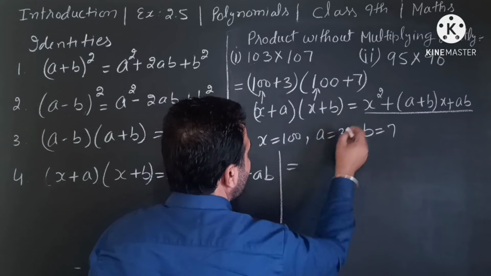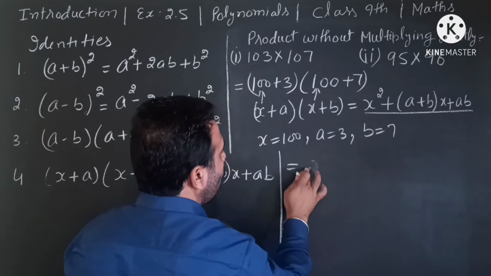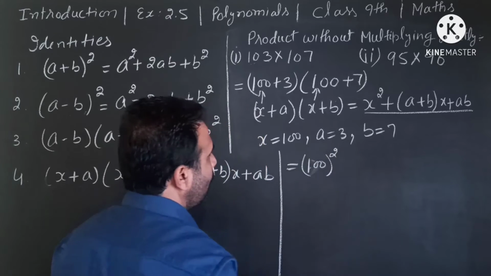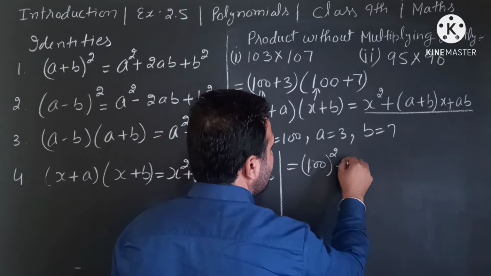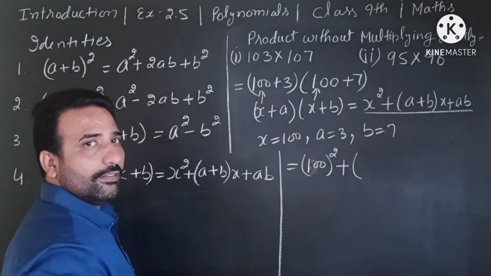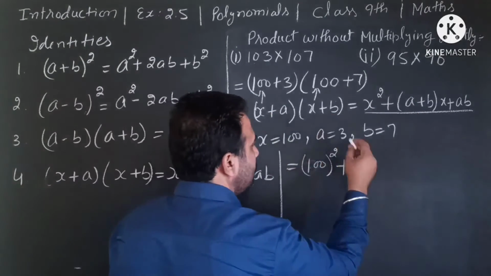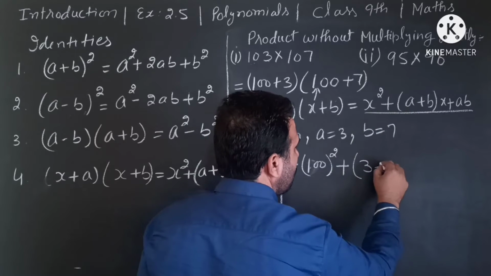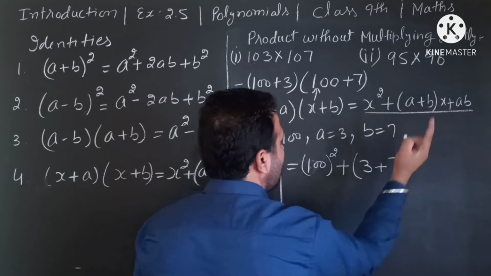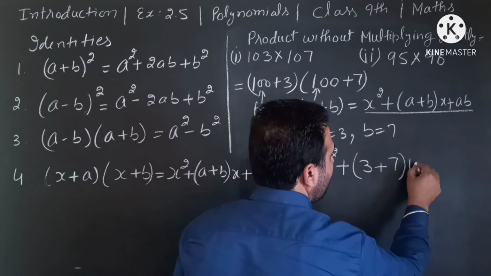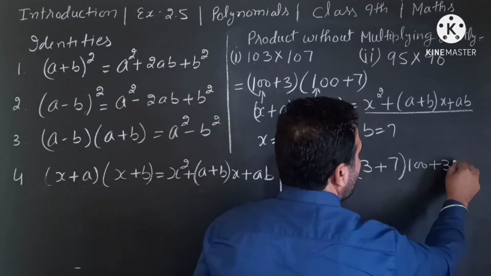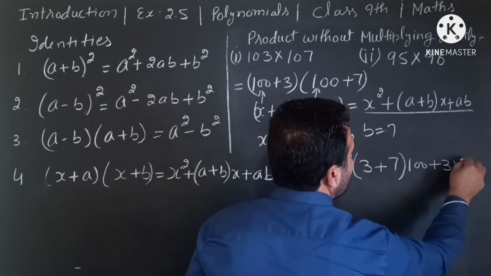The first is x square, so the value of x is 100, so I will write here 100 raised to power 2 plus, as it is I will write, then bracket start, then a. What is the value of a? That is 3 plus b equal to 7, bracket close, x equal to 100 plus a equal to 3 and the b equal to 7.